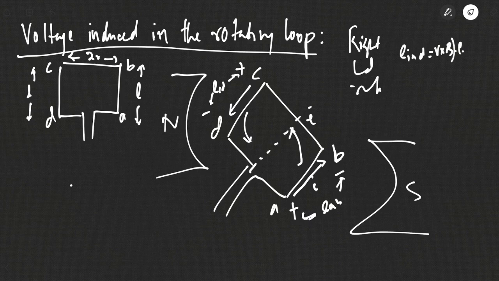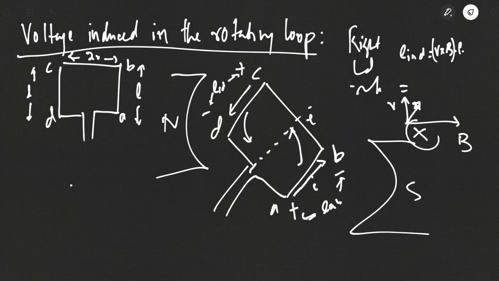So V will be represented by the thumb, B will be represented by the right index finger. Therefore, the middle finger will be referring to the direction of current. So if you properly see this, B is in this direction, V is pointing in this direction. In that case, the right middle finger will be pointing into the plane of this page.